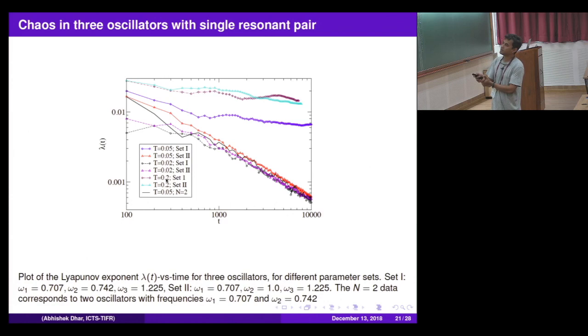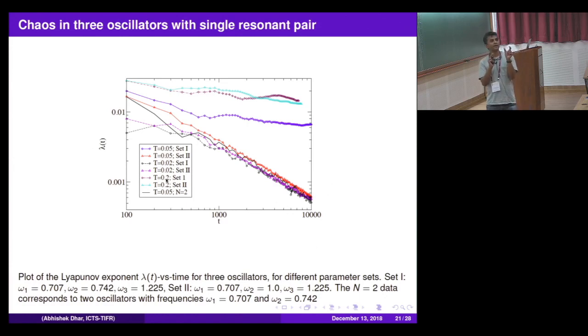If the temperature is large, then you get a finite Lyapunov exponent. But if the temperature is small, then it just goes down. So you definitely need the resonance to get chaos, but with 2 oscillators in resonance, that's sufficient. On the other hand, you need 3 oscillators, but you don't need all of them in resonance.